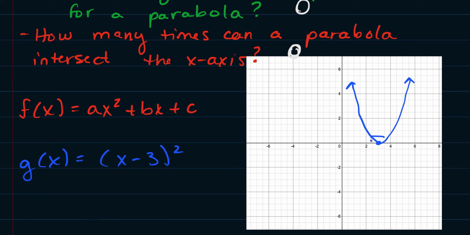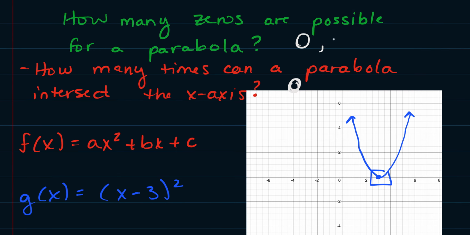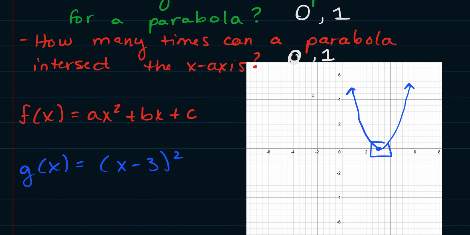So it will have 1 zero. So it's possible to have 1 zero. And again, you can set this equal to 0 and take the square root. You'll see that the only solution for this is 3. So when you plug in 3, that's the only number you can plug in to get that this function is 0. And you can see it by the graph.